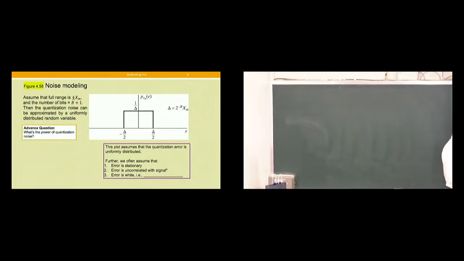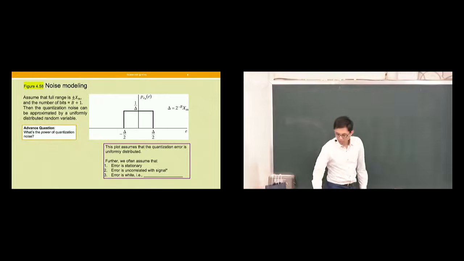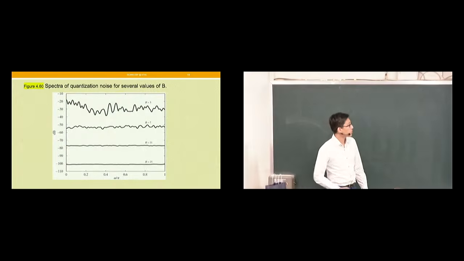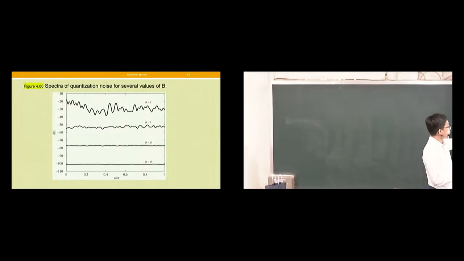Properties of noise: there are a few. Noise can be stationary noise, noise can be uncorrelated with the signal, or the noise can even be white noise. We'll get to these points next week when we come back, and later we can even just do simulation. We can simulate what if we have 3 bits, 7 bits, 11 bits, or 15 bits. Then what's the power spectrum? Does it look white?